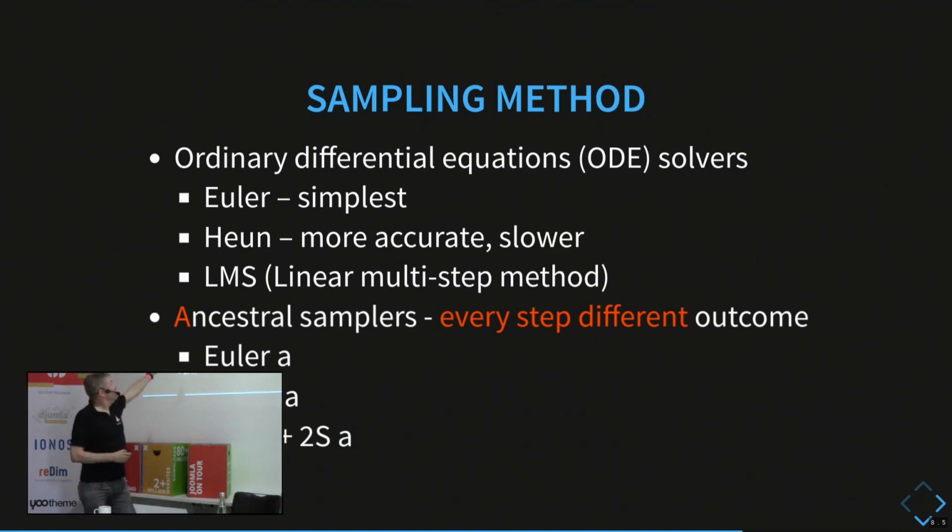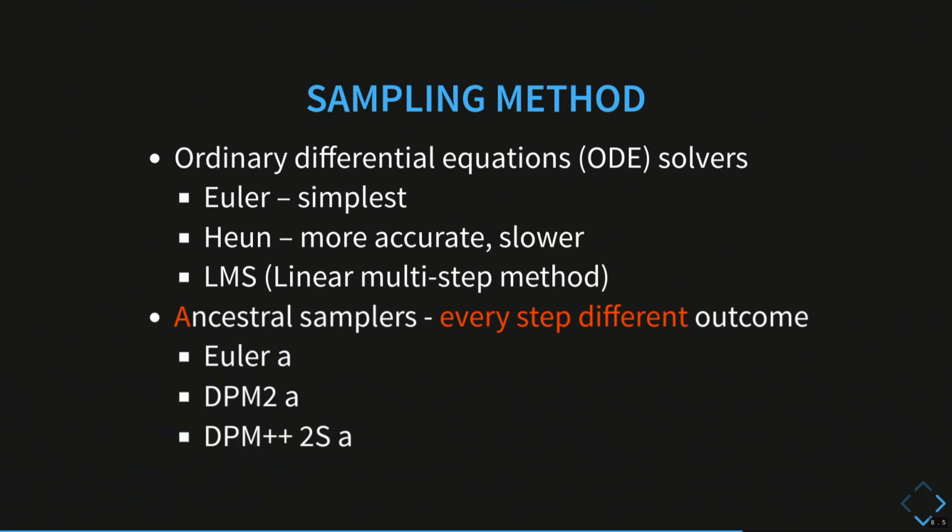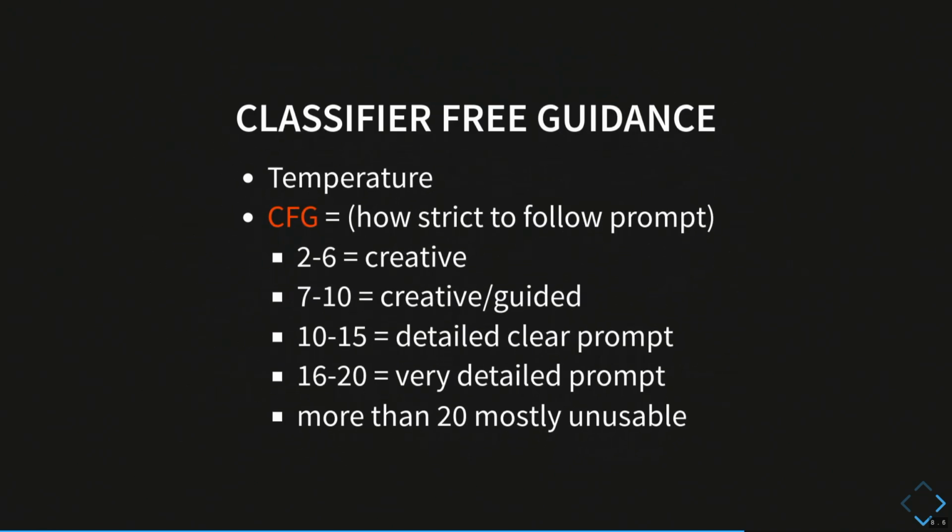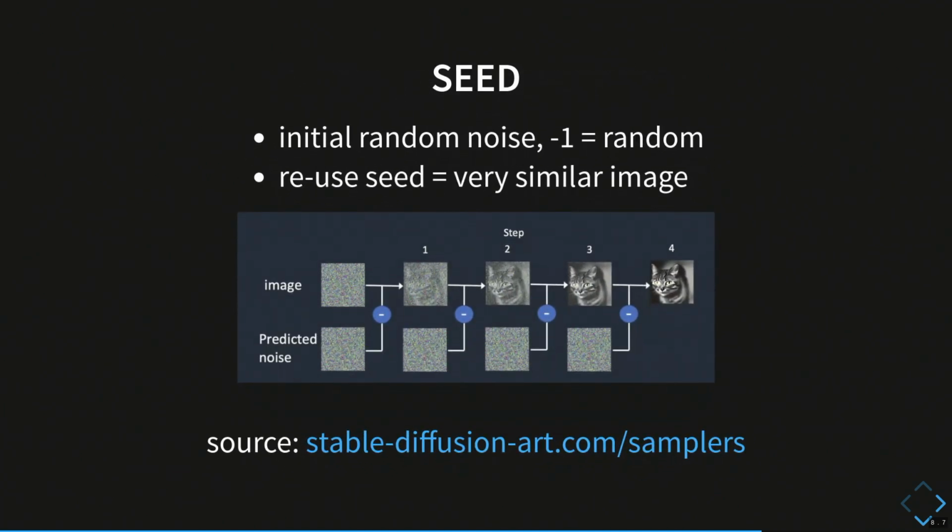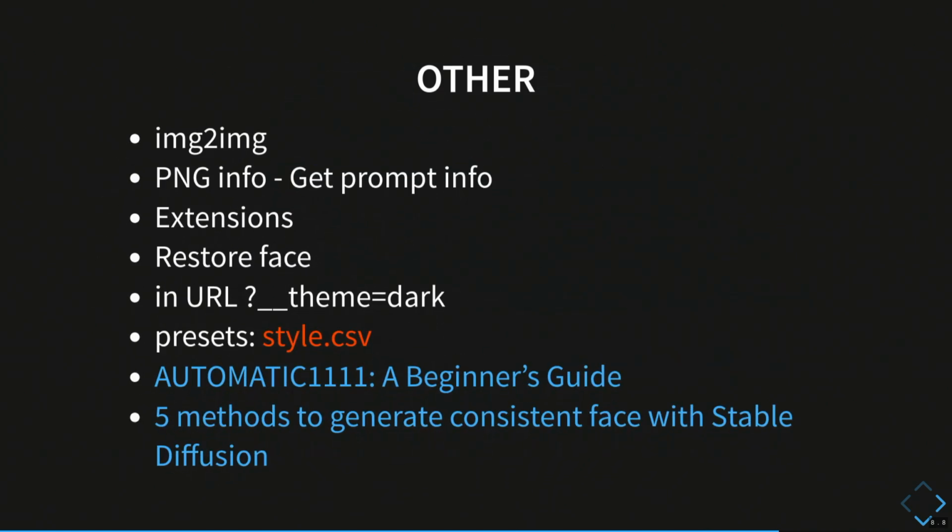So I always choose the ones without the A. Then I can reproduce stuff. I already told you about the temperature. It's CFG. And this is how the seed works with the predicted noise. And there you can also do other things, but I think it's better to do a demo.